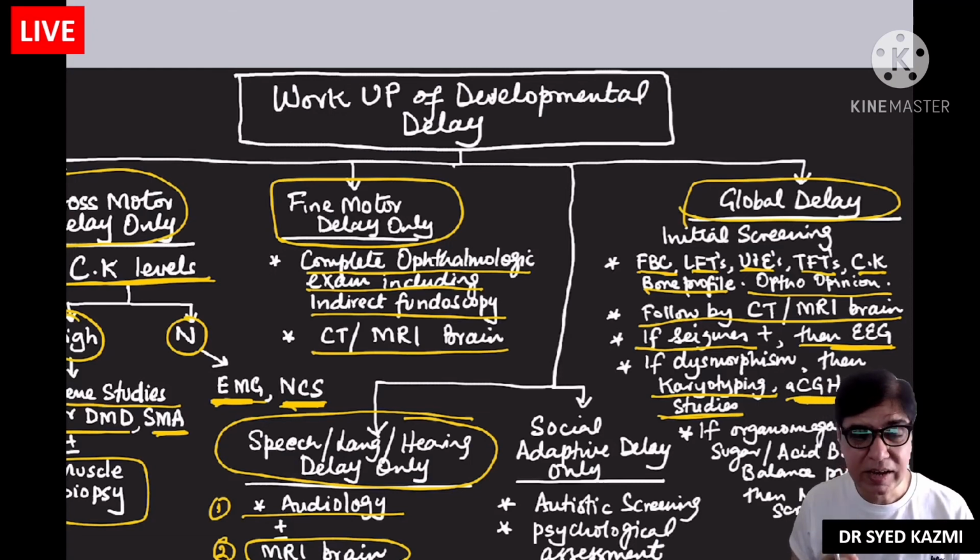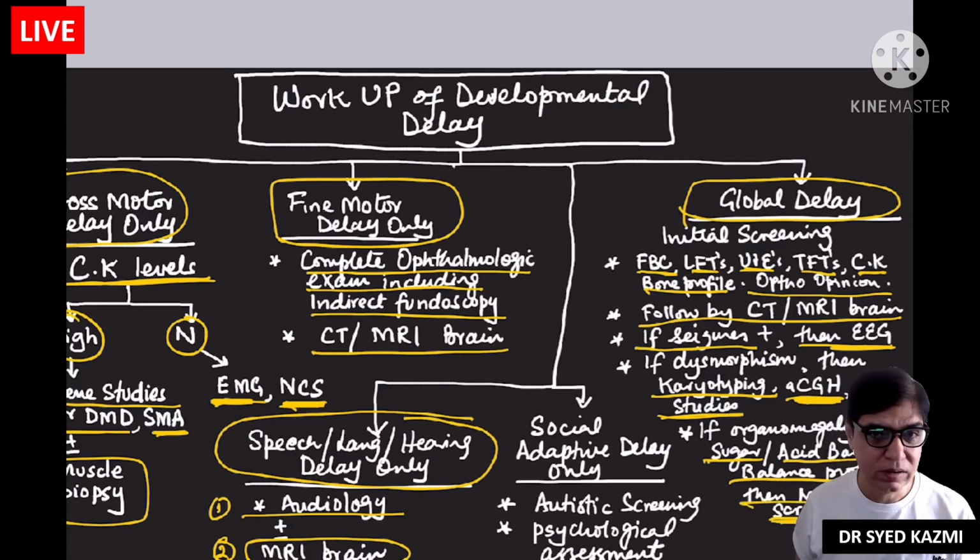If there is an element of organomegaly like hepatosplenomegaly or a large heart on chest x-ray, then you should do blood sugar levels and also look at the acid-base balance problems as well, because certain metabolic diseases might present in this way. And if you find anything wrong on the blood gas, or anything wrong with the blood sugar, then a metabolic screening is important, where you would look for certain metabolic problems.